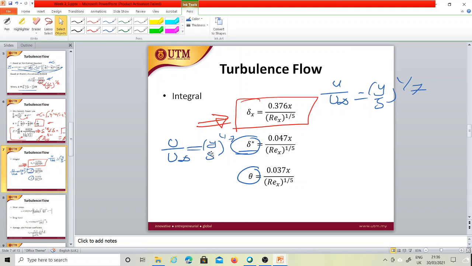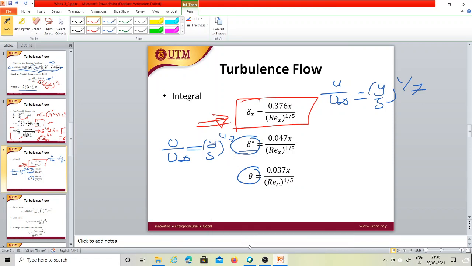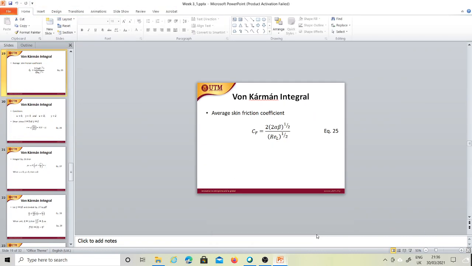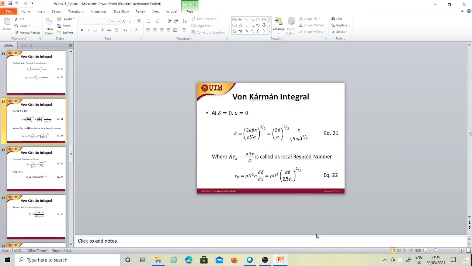Or you can put it in the form of eta, or just put the value of y by delta to the power 1 by 7, that should be okay. Let me cross check what they did. Okay, theta.